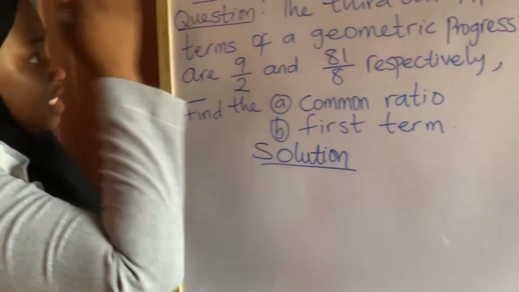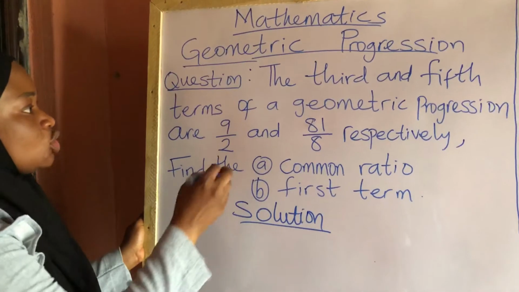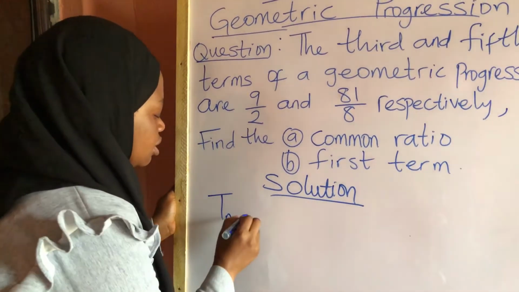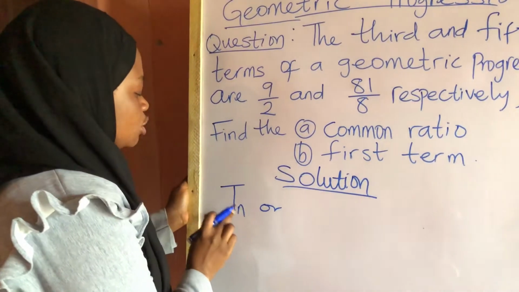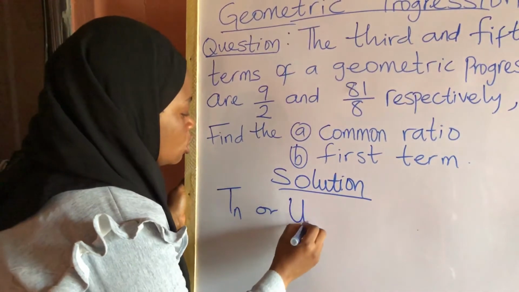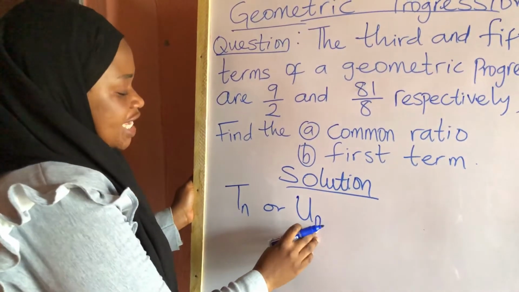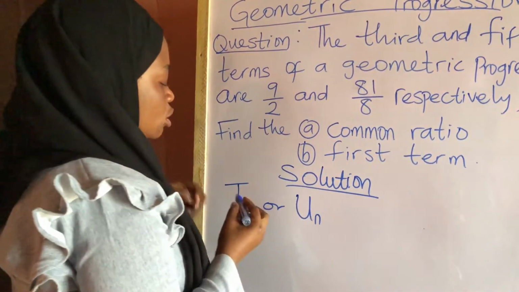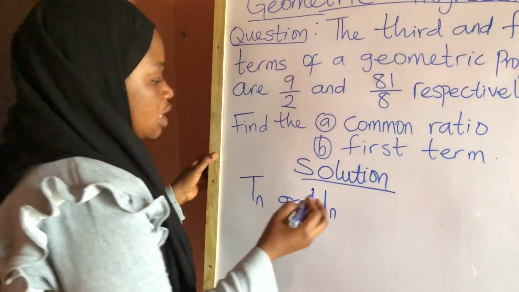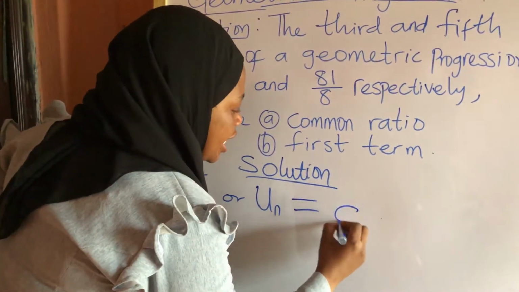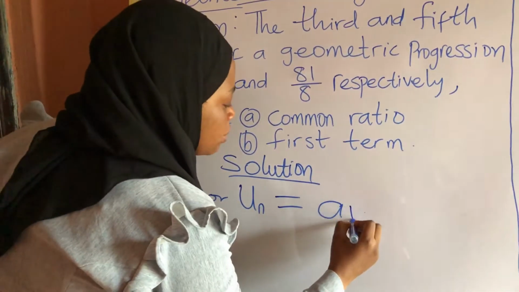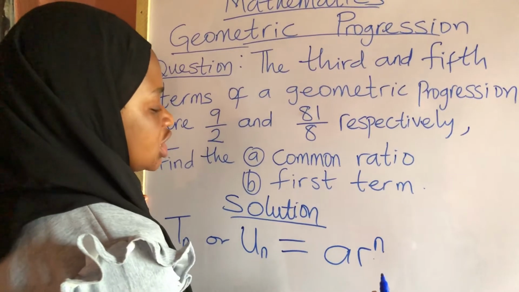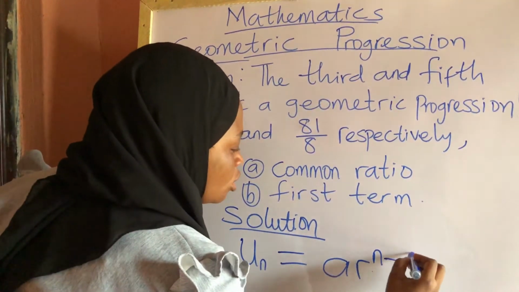Now, the formula for the nth term of a geometric progression, you can write it as T subscript n or U subscript n, depending on the textbook that you are using or what your teacher is using, is equal to A, the first term, multiplied by the common ratio R raised to the power of n, the number of terms, minus 1.